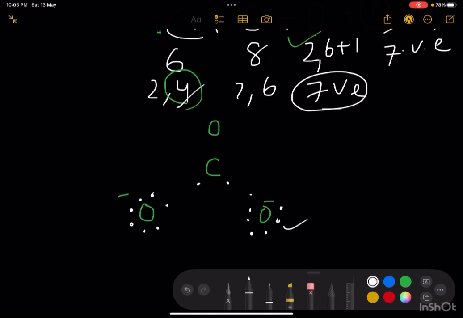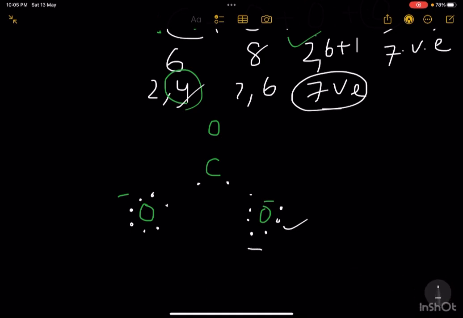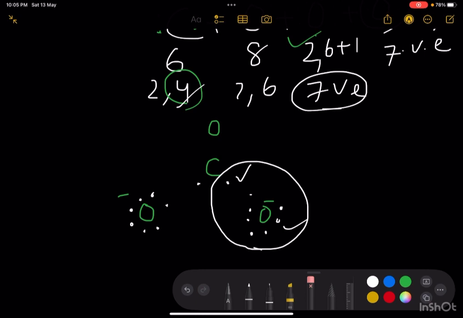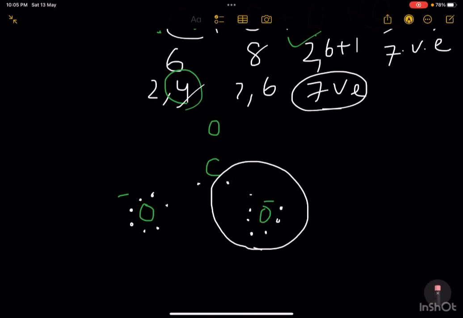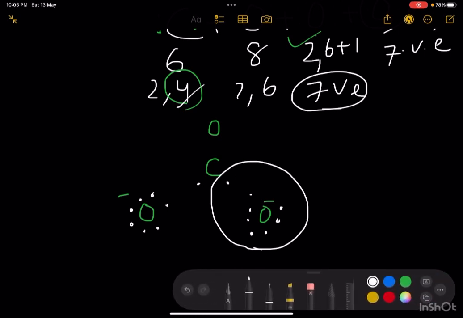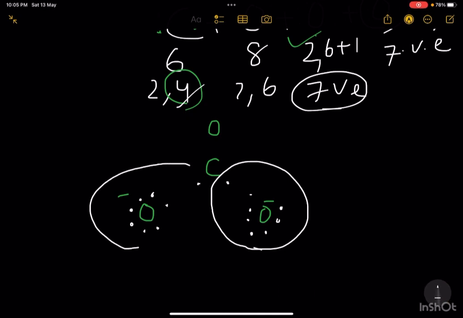Now you see, this oxygen minus has 8 electrons: 7 plus this electron of carbon makes it 8. If you have any doubt, please ask me. And this O minus has 7 and this electron of carbon makes it 8. So these two oxygen atoms attain octet, means the configuration of the nearest inert gas, that is neon.